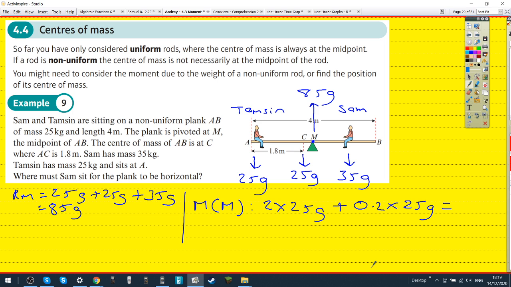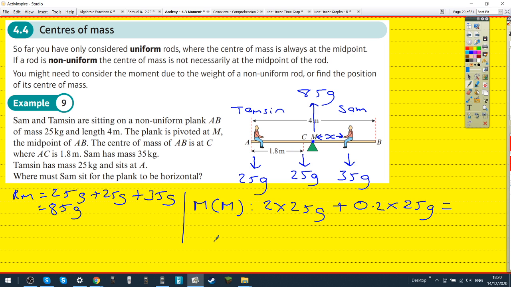That's his weight. That's not a distance. Let's say the distance is x. Do I now need to take moments for that, for where Sam is? Yeah.